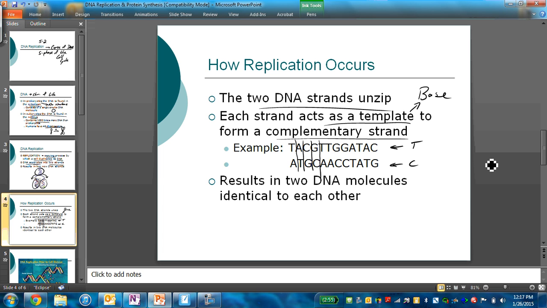Every time you split the DNA, you make an exact copy of it through replication, and these nucleotides match up just the same as they started out in the original strand. So the result is two DNA molecules that are identical to each other, completely the same.